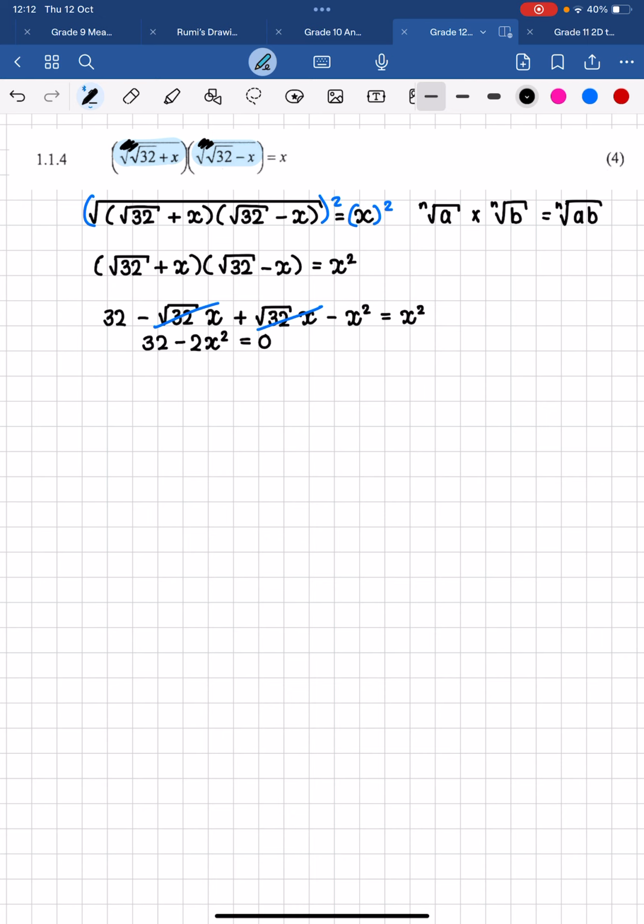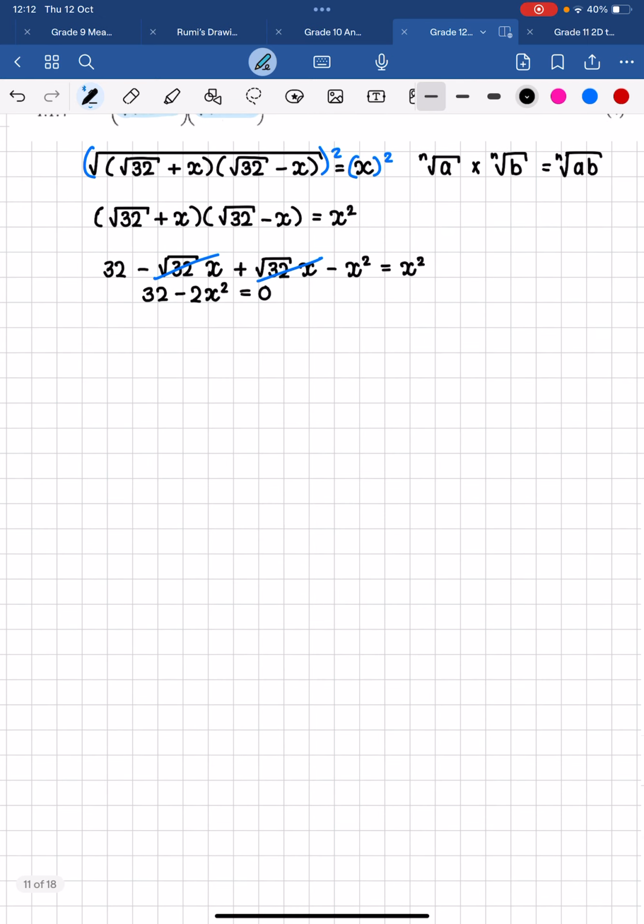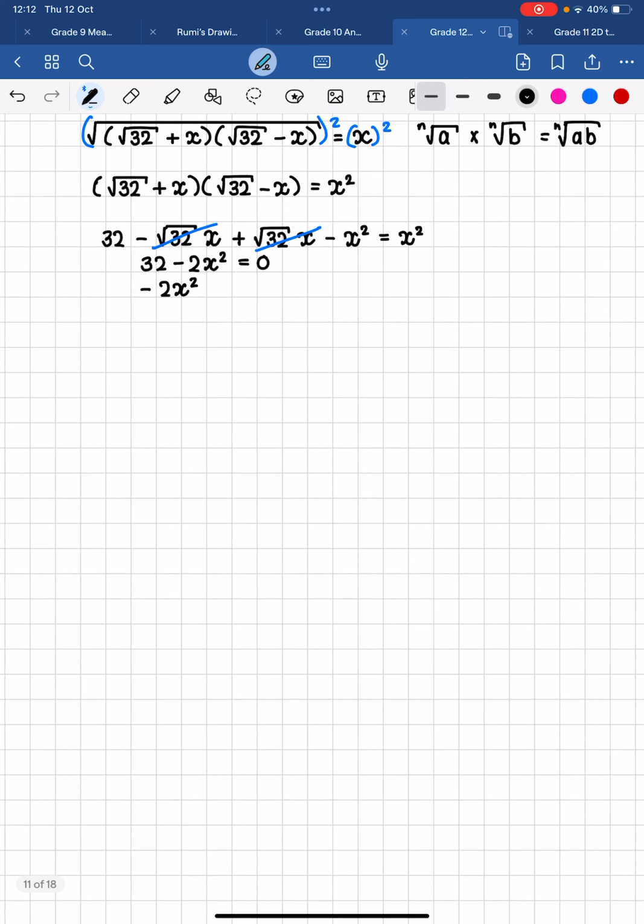Now this looks a bit strange, hey? Normally we put the x squared first. So if I do that, let's see what we get. Negative 2x squared. What is the sign of the 32? It's positive actually, hey? Plus 32 equals 0. Now what?